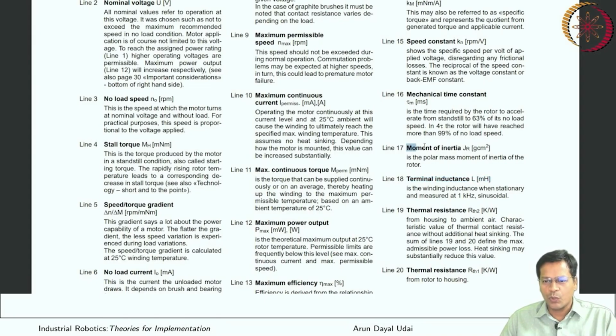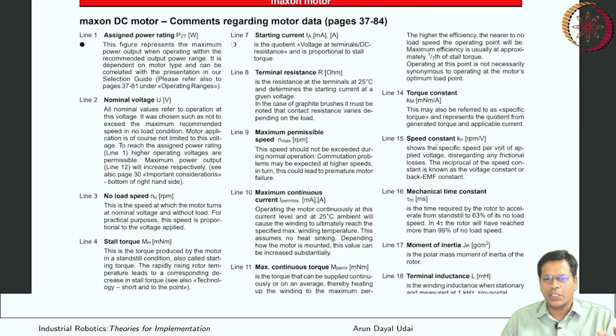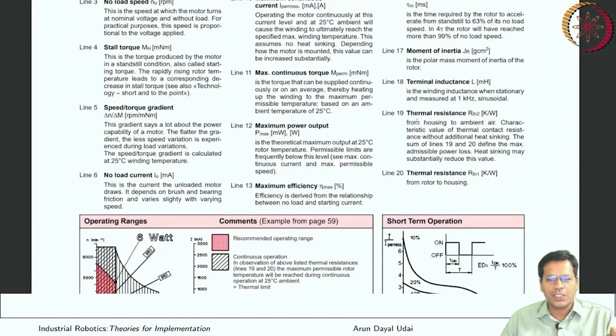Right, we'll talk about this. Motor inertia, that is the armature inertia, that also is a mechanical value which will be very useful. Torque constant, this is your Km, that is the motor constant you just derived. Okay, so these are some of the parameters which are there.